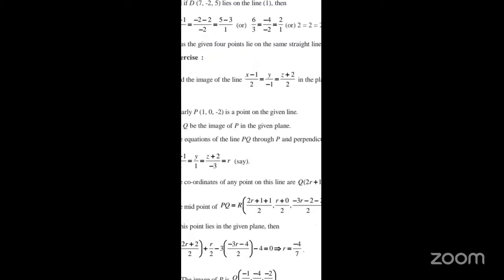So when the C and D points are substituted in the line joining the first 2 points, then automatically the given points are collinear. That is the simple expression.